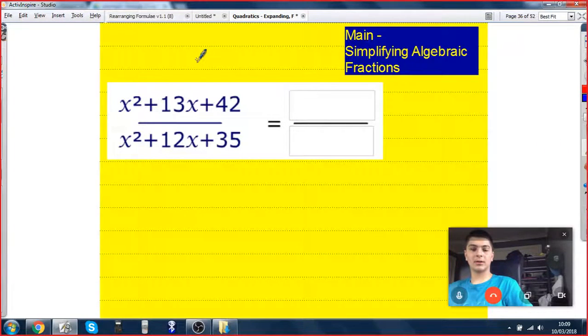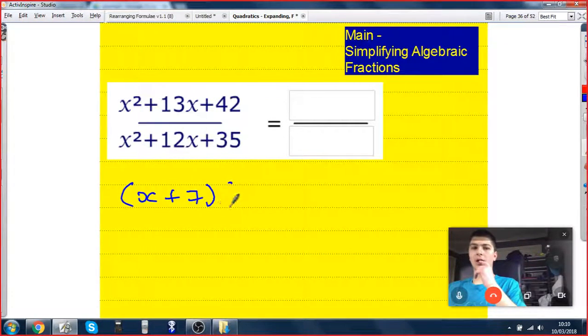Would you first of all factorize it into double brackets? Okay, so what would they be in double brackets? So for x squared plus 13x plus 42, would the first one be x plus 7 and x plus 6?